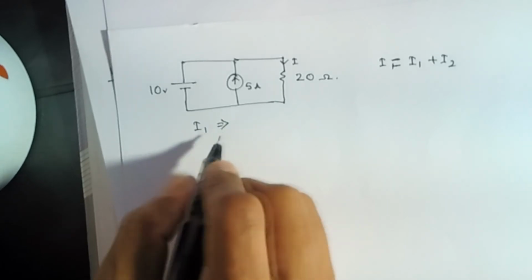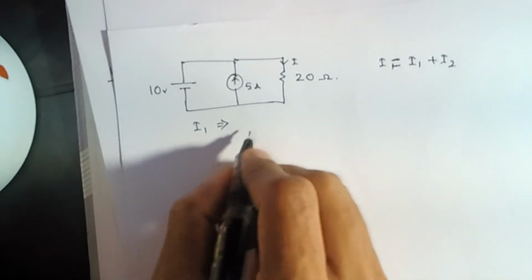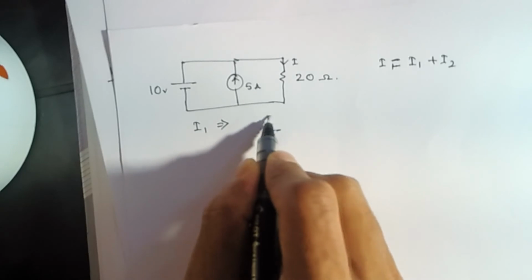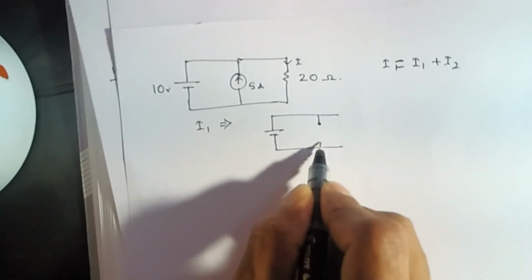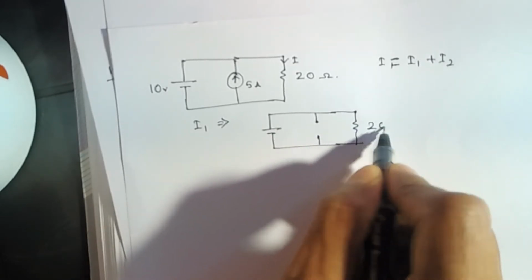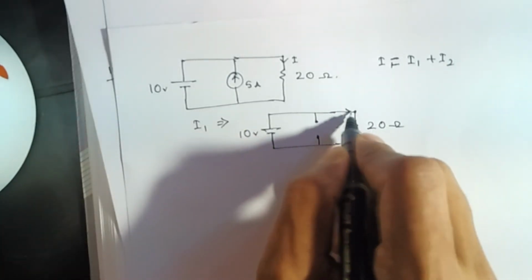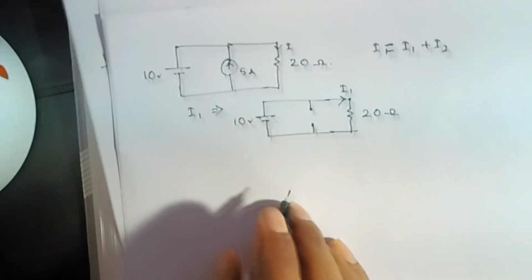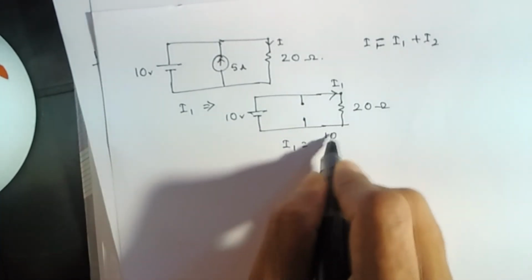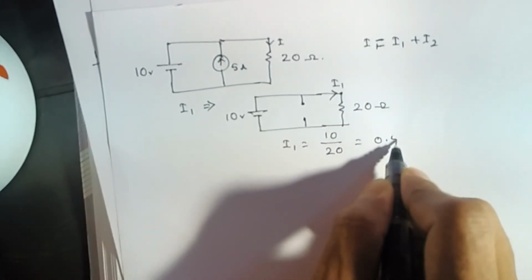I1 is the current that flows due to this voltage source. The equivalent circuit because of this voltage source is this 20 ohm and this 10 volt, with current I1. So I1 equals 10 by 20 equals 0.5 amps.